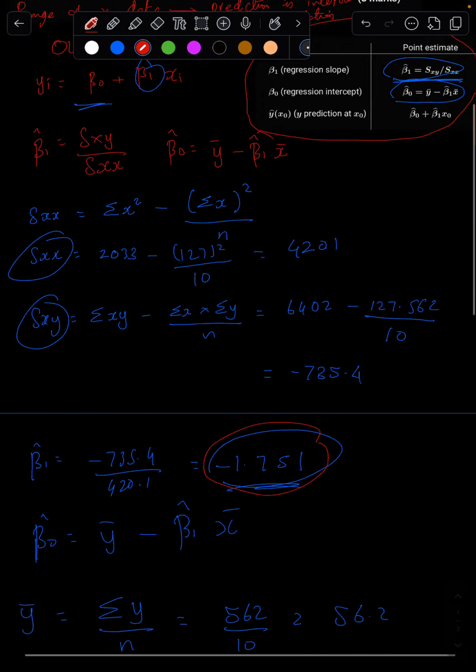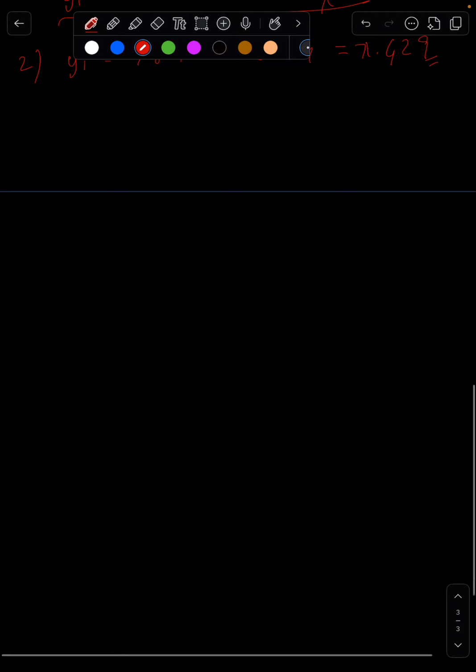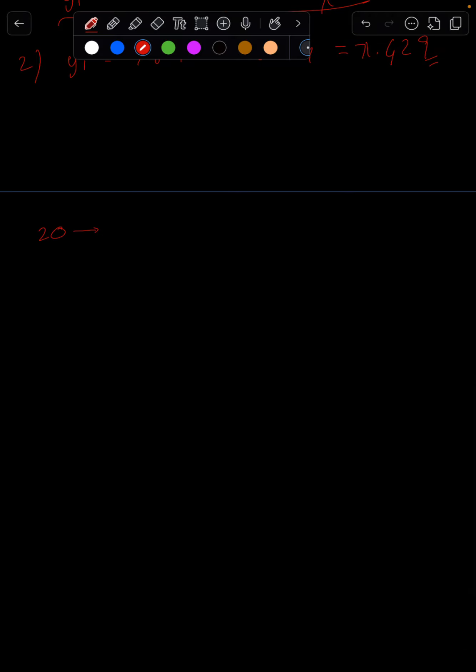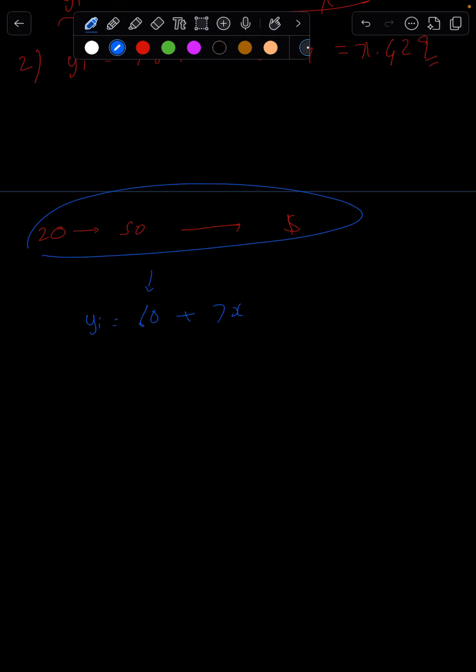Basically, the idea is, say you have data on people aged 20 to 50 to predict their income, and you get a regression from this, I don't know, 60 plus 7x.